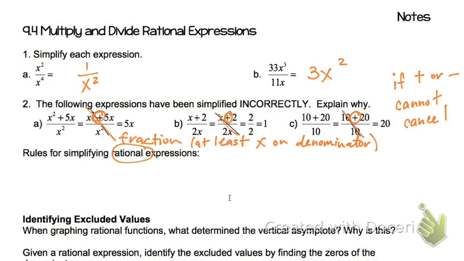So some rules. I like this section because you can make it very methodical. You can do step 1, 2, and 3 and then be done. The first step is you are going to look for factors that are common to the numerator and the denominator. So first step is you're either going to find GCF and/or factor the numerator and denominator.